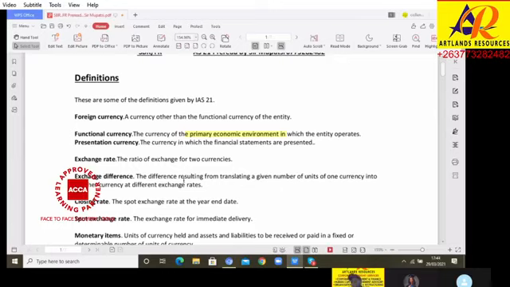Whenever the exchange rate has moved, there is either an exchange gain or an exchange loss. Because we don't know for now whether it's a gain or loss, we just call it exchange difference, unless you are given a transaction which tells you whether it is a gain or loss. So exchange differences arise whenever the exchange rate has moved and the units of one currency that you are translating have not changed.